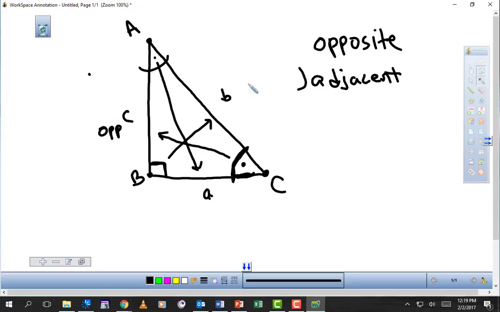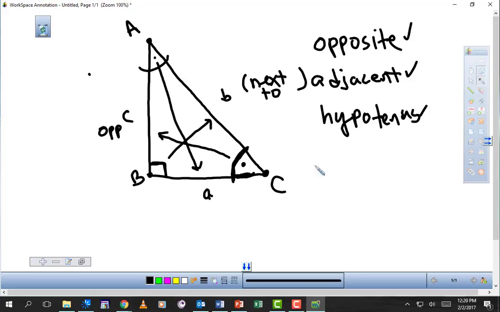Adjacent means next to, like a next-door neighbor. It gets a little bit tricky when we do trigonometry because you're going to have to identify these three sides of a triangle, and they sometimes change. Let me show you something here.